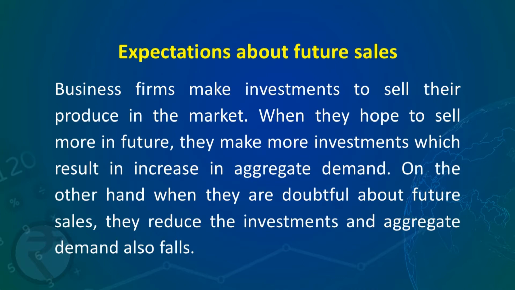But when they are doubtful or when they are not sure whether they will be able to sell more in the market or not, at that time they make less investments and aggregate demand also falls. So, expectations about the future sales is also one of the determinants of investment, leading to change in the aggregate demand.